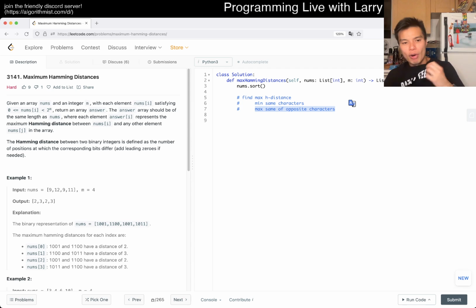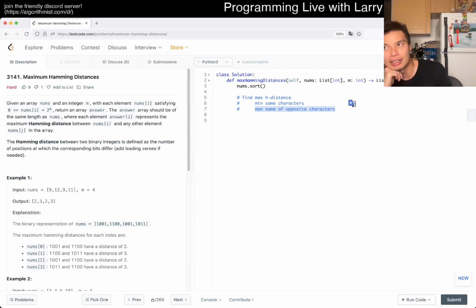But it also means that you can have 17 on all of them because they're all the same characters, and you can have 16 to all of them because they're all words with one difference.